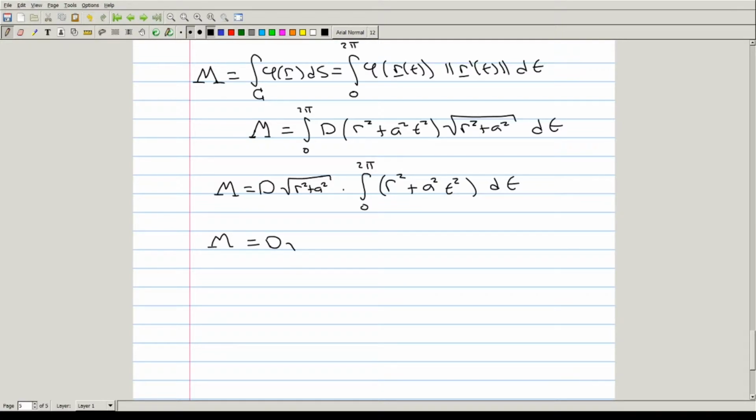Well, the antiderivative of this function is going to be, r squared is constant, so it's r squared times t plus the antiderivative of t squared, which is a squared times t cubed over 3, evaluated from 0 to 2 pi.